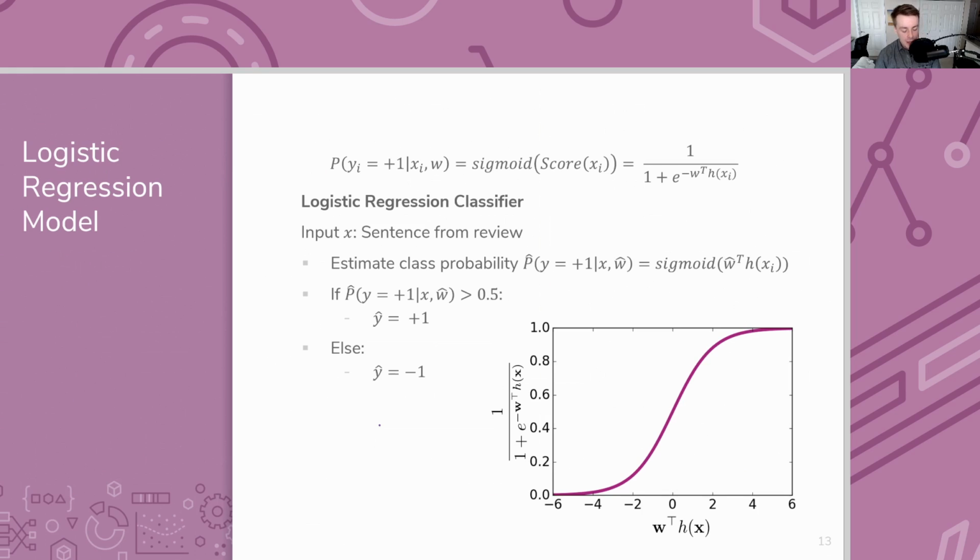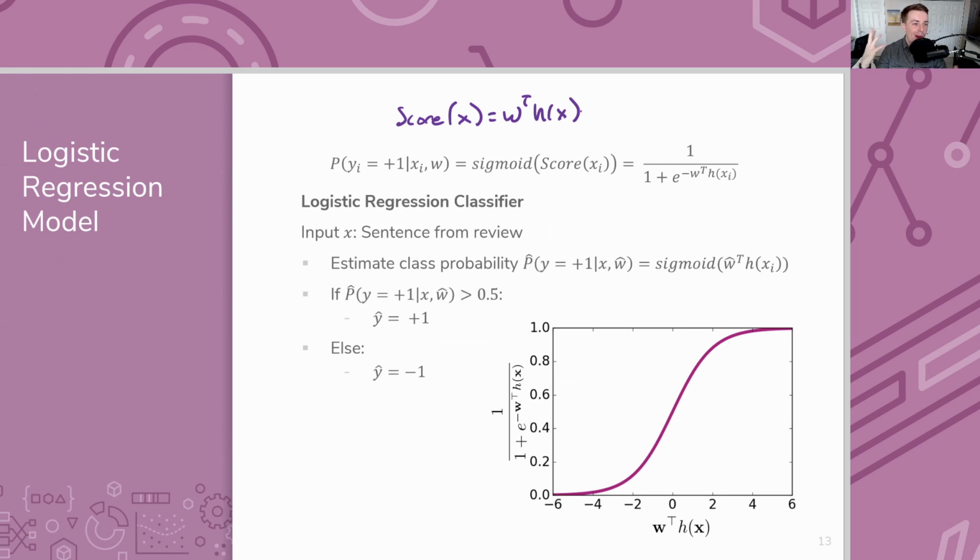And just as a reminder, remember that the score of x is equal to whatever coefficients we learned times h of x. And so we just plug that in here. So for any setting of w, the probability of this output being positive is defined by this function. Calculate the score, feed that into a sigmoid, that gives you a number between 0 and 1.